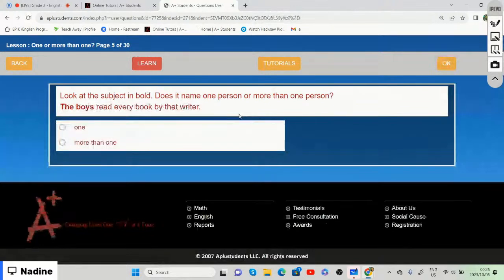The boys read every book by that writer. The boys, is the boy one person or is it referring to more than one person? The boys read every book by that author, that writer.